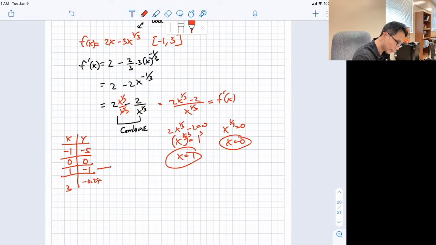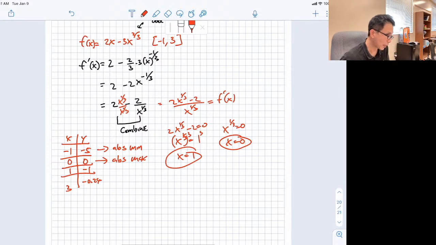So this ends up to be the absolute min, and this becomes the absolute max. Now, if I ask you the absolute minimum value, it's going to be -5. Absolute max is going to be 0. So yeah, 0 can be your max even though it's 0, because 0 is higher than all negative numbers. What did you say for 3? Is that 0.24? 0.24 if you plug into a calculator. It's very hard to plug in that one.